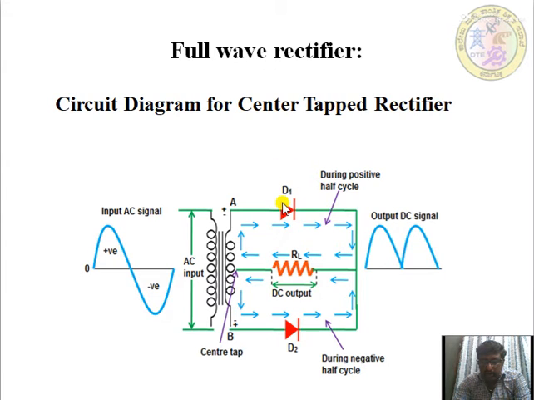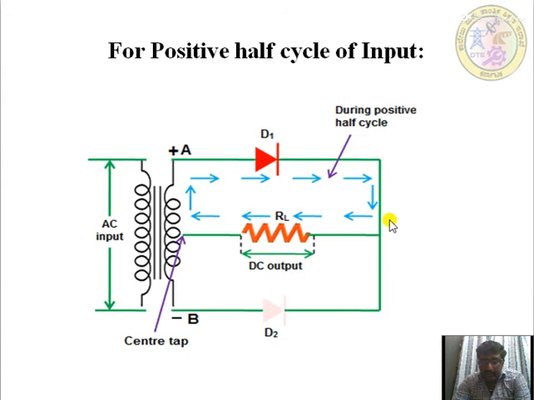Reverse bias means diode D1 is in the off condition, and forward bias means diode D2 is in the on condition. We will be considering the output at the load, that is, the current flowing across the load resistor RL. So we will be getting the next peak in the positive half cycle, and this will continue.